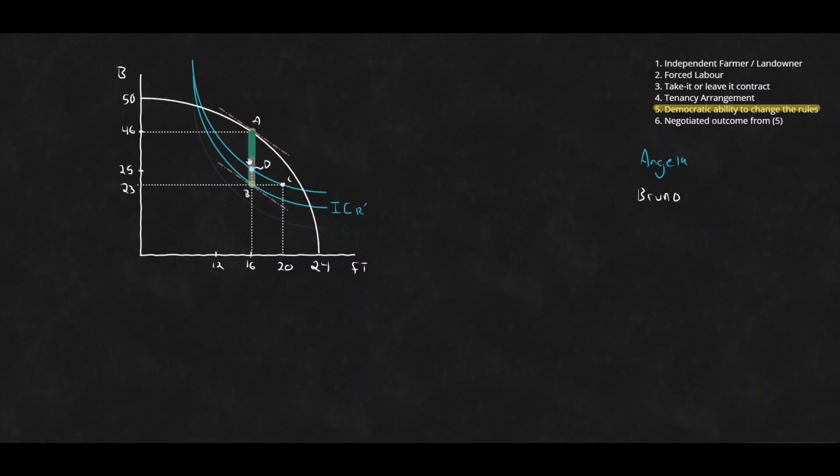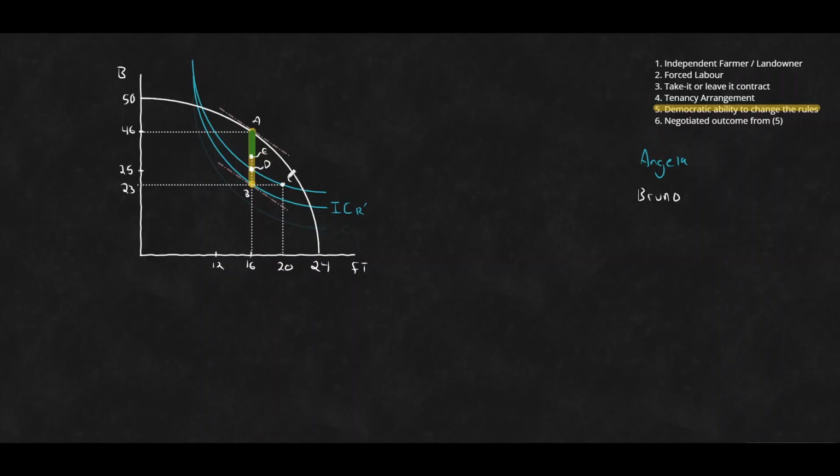As a result, a Pareto improvement is possible from point C, such that we can move up into this area and make at least one better off without making anyone worse off. That gives us D as an improvement such that Bruno wins, but Angela's no worse off.